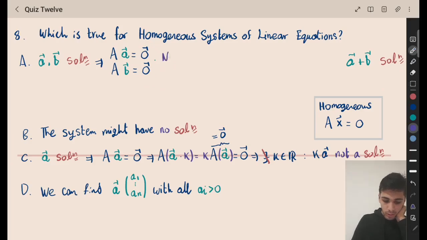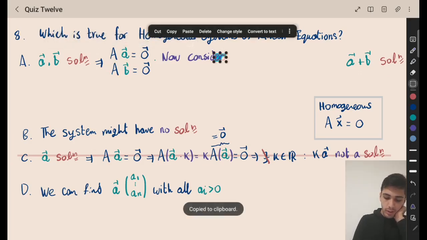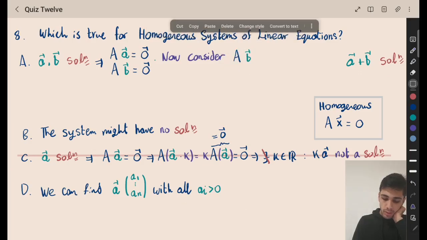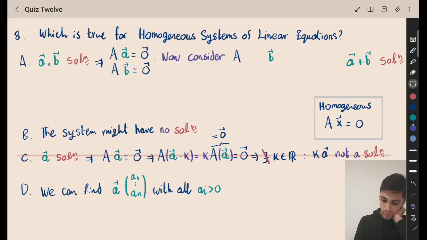Now consider this expression. If this is a solution, then when I apply the matrix A to A plus B, I should get 0.